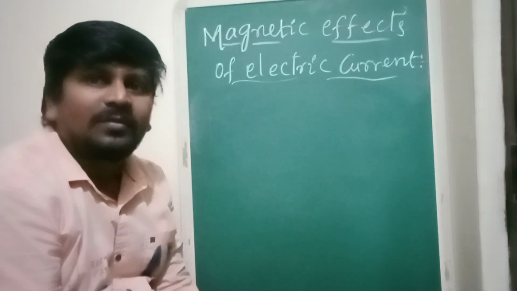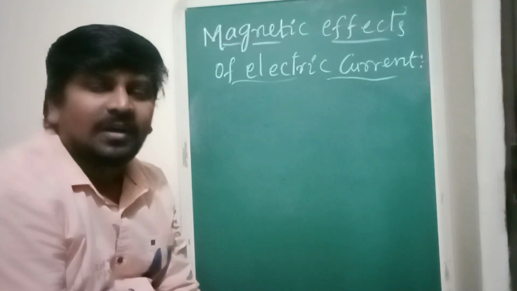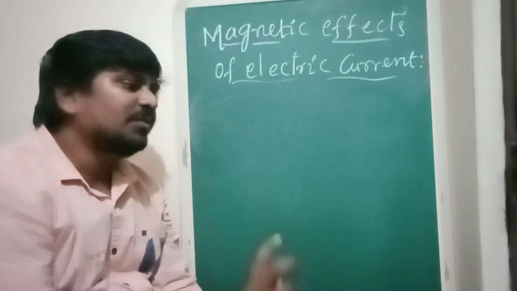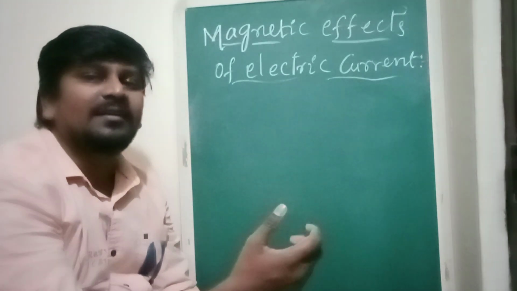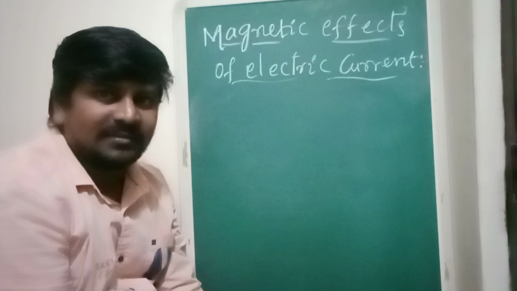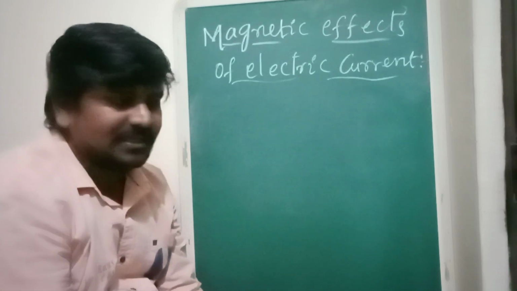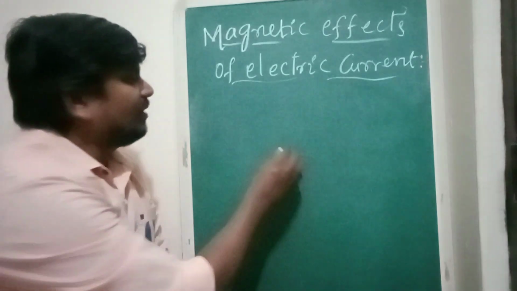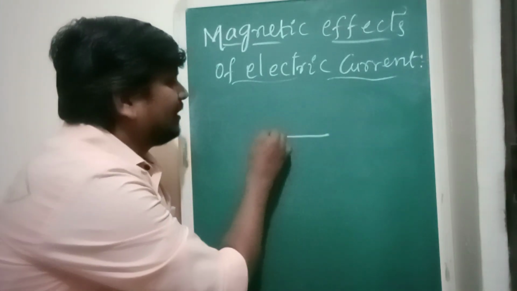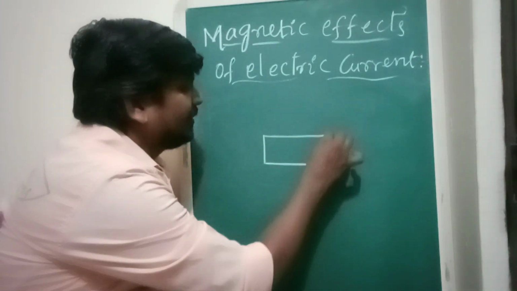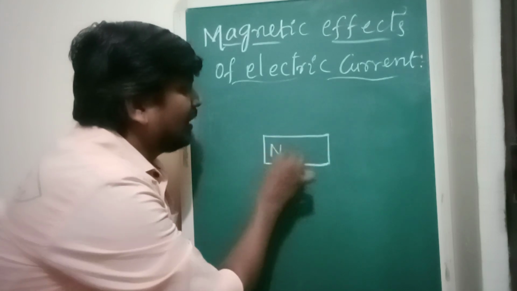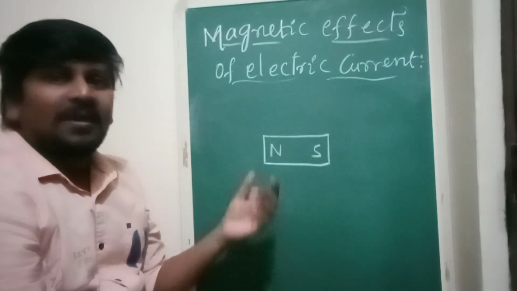Now, how will the magnetic field be around the magnet, and in what form? What are its properties? Now we will discuss. You can consider this north pole and south pole of a bar magnet.